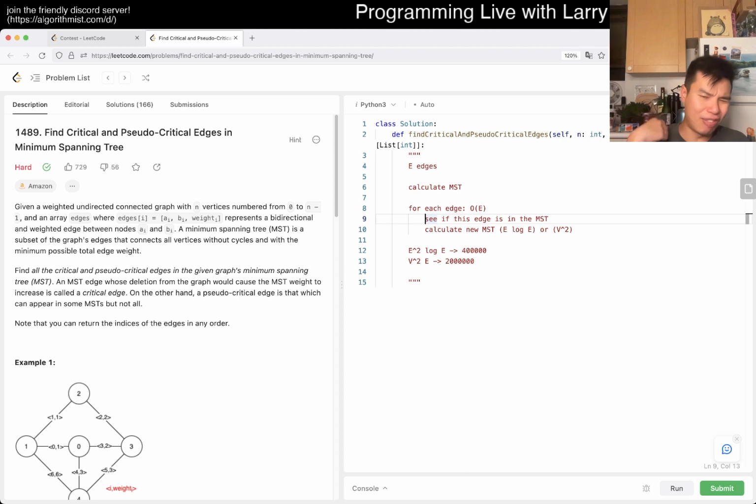I mean, this is still fast enough, but it is not as fast as I would like. Basically, we're calculating 2 MSTs for each edge and 1 MST, so that's a lot of MSTs. We could save time on the sorting, but that doesn't change anything really.